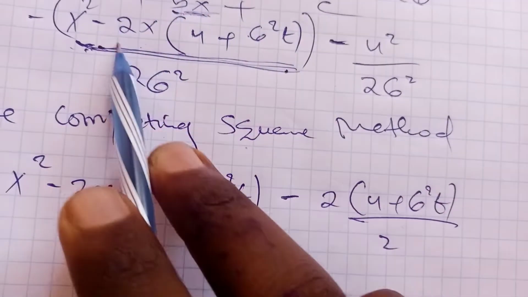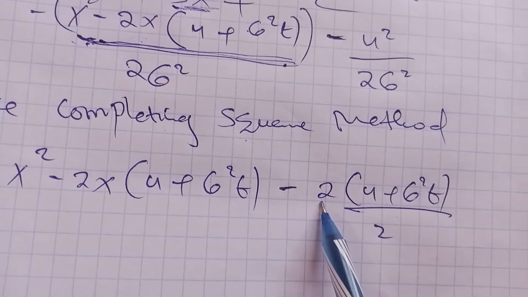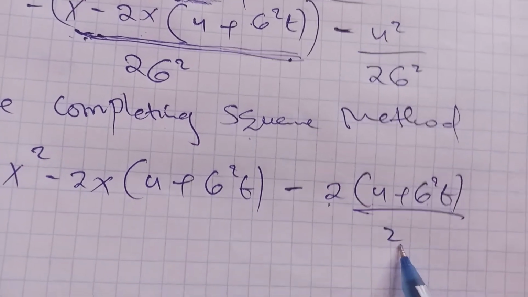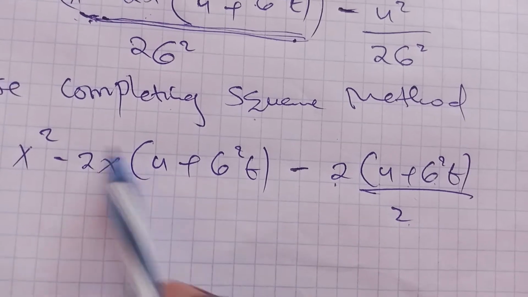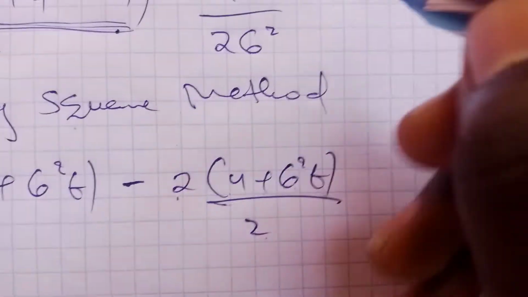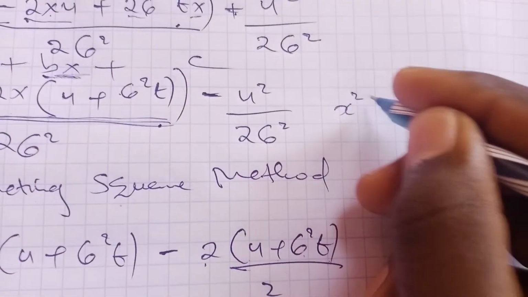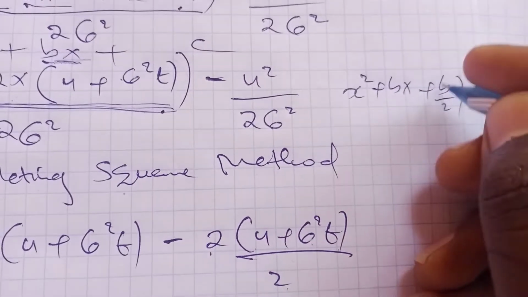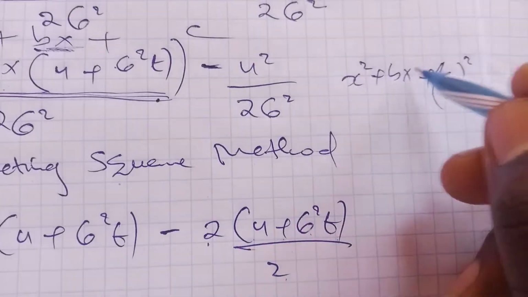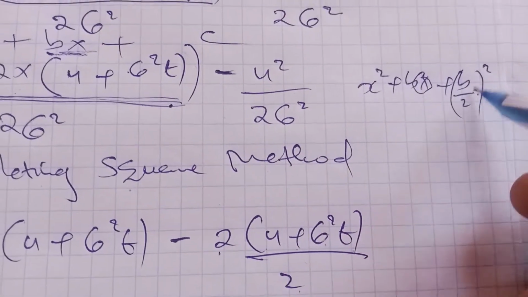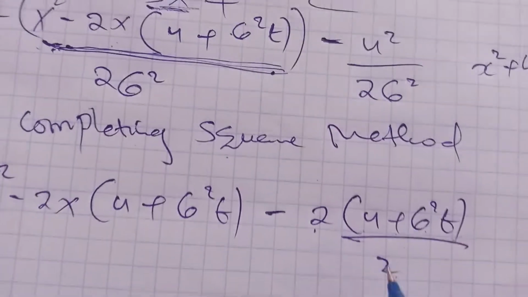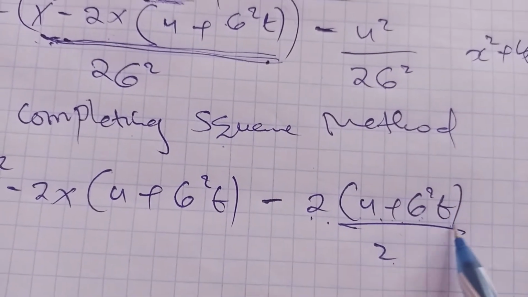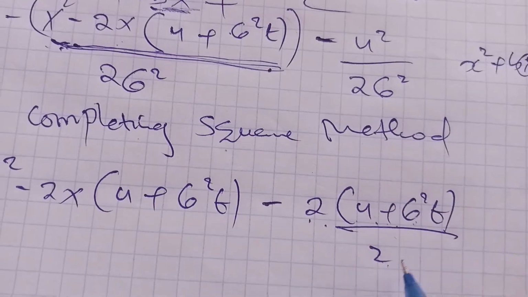B now will be 2 (u plus sigma squared t) divided by 2 without the x here, because when you say x squared plus bx plus (b divided by 2) squared, this x will not be included here.